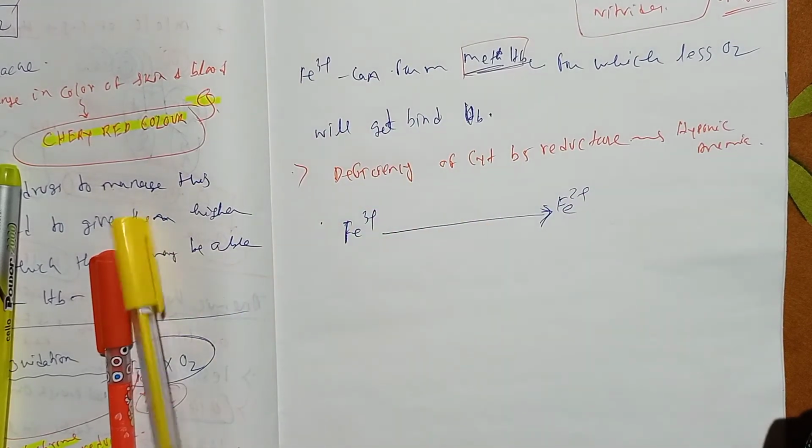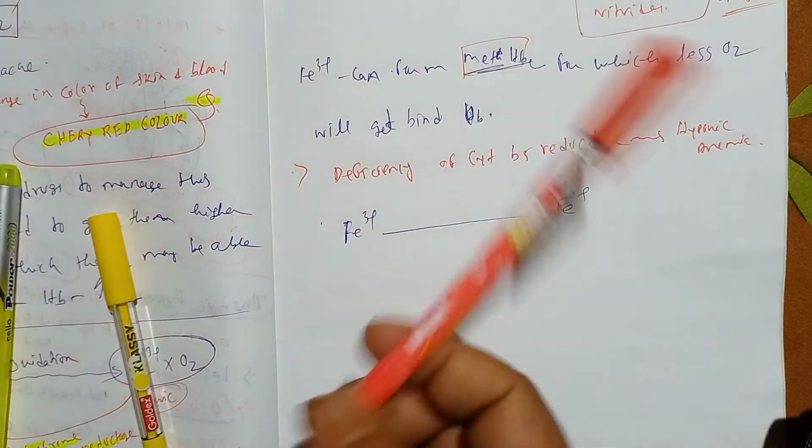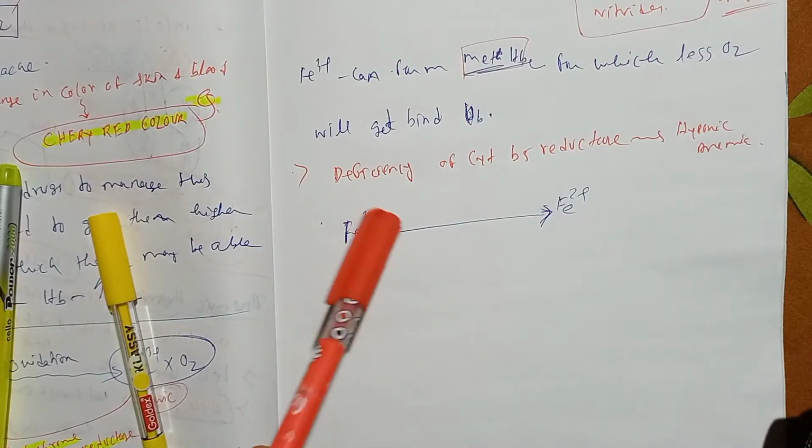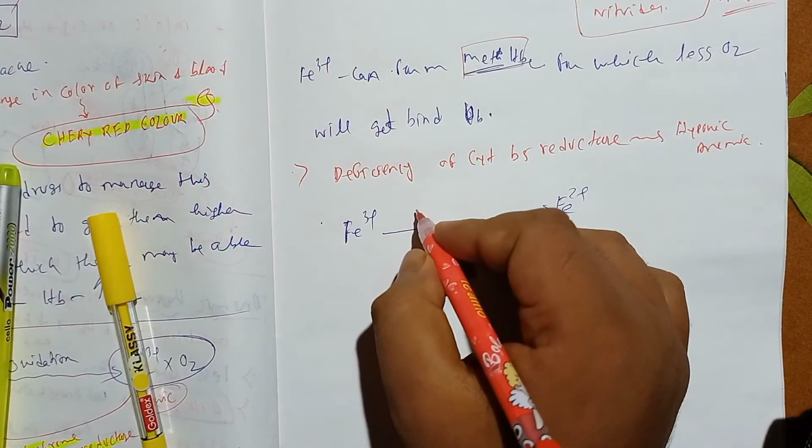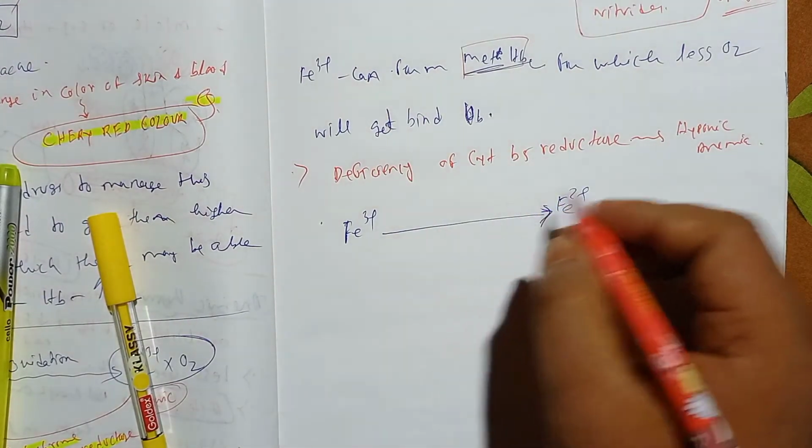So we have to use some reducing agent by which we can convert the Fe3+ into Fe2+.